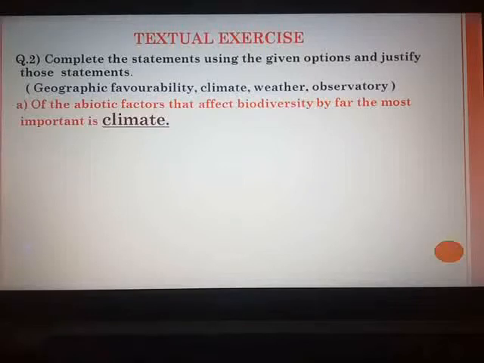Now for this statement, if you refer to Google and all, there is a little bit of confusion. Somewhere the answer is given as geographic favorability, some places the answer is climate. So we will take climate as the correct answer because it is the climate which affects your basic needs. It is the climate which decides the main occupations of living beings. It decides the entire structure. So the answer is climate.